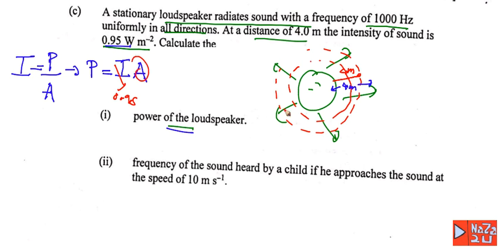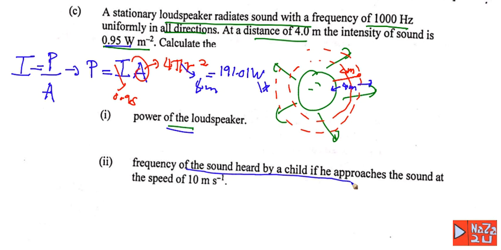The area here is that of a sphere, 4 pi r square, and the r here is equal to 4 meter, right? So now you can find the value of P. If you use the calculator, P is equal to 191.01 watt, right?